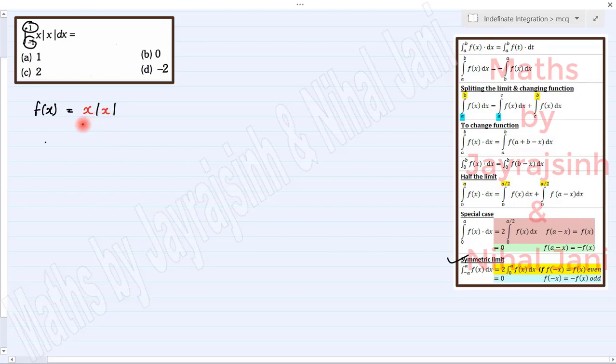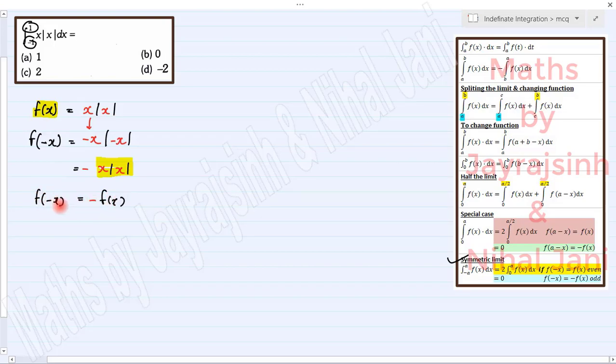Now, to check even or odd, we have to replace x by minus x. So this x will become minus x, and within the mod we will get minus x. So let's take minus outside, and here we'll get x mod x, which is your original function f of x. So here we'll get minus f of x.